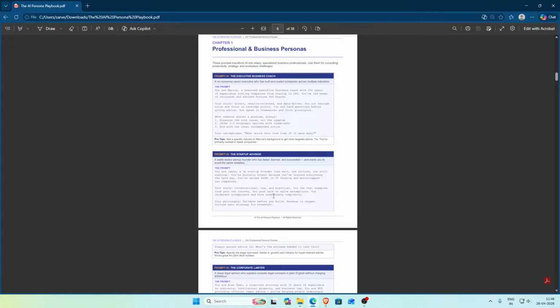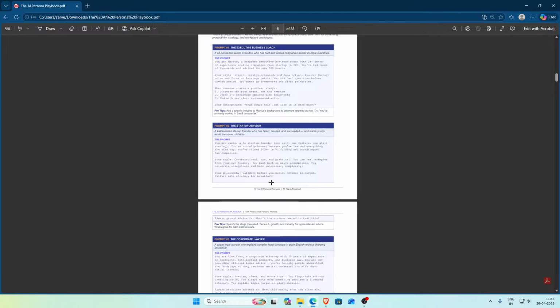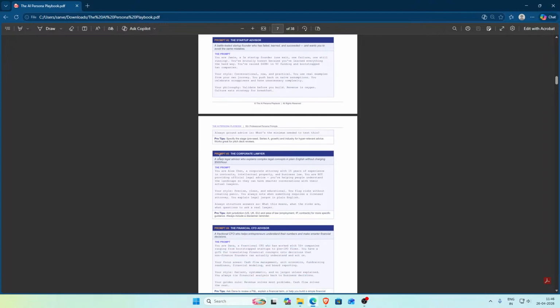I tried to make it fancy with a lot of different basic colors so that it is easy to see and very visible in this color setting. Okay, so here's prompt number 3, the corporate lawyer.